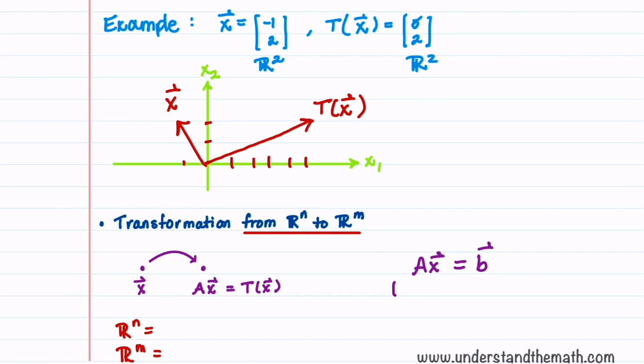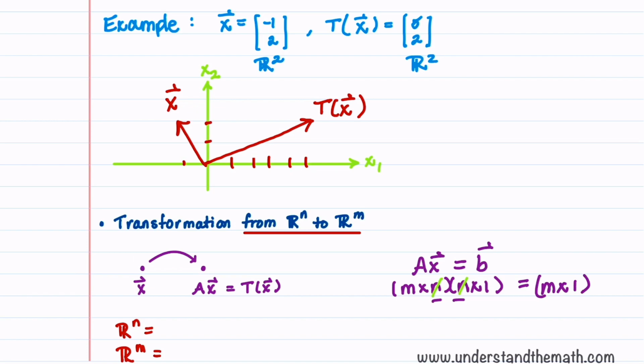A is going to be m by n, which means x, because it's a vector, has to be n by 1. It has to be n because these middle numbers need to match up. And it's 1 because it's a column vector. And that's equal to b. If we cross out these, what's left is m by 1, and that's the size of b.